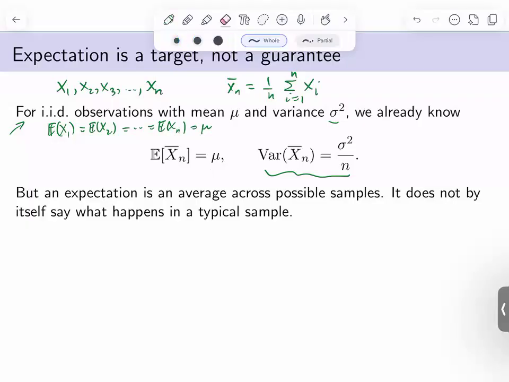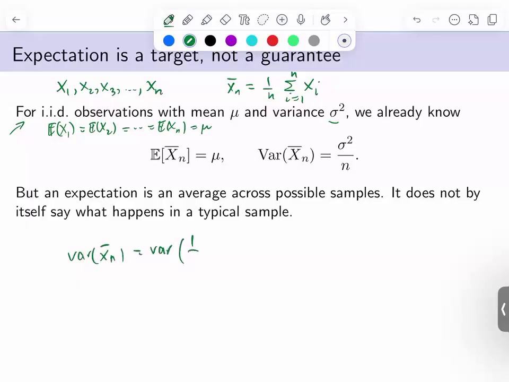Let's see if you remember. How can I prove something like this? The variance of x bar n, to remind you, is the variance of 1 over n times the summation i from 1 to n of xi.